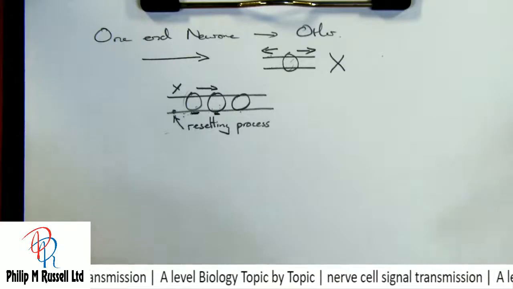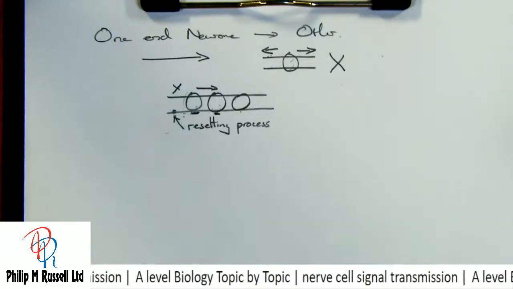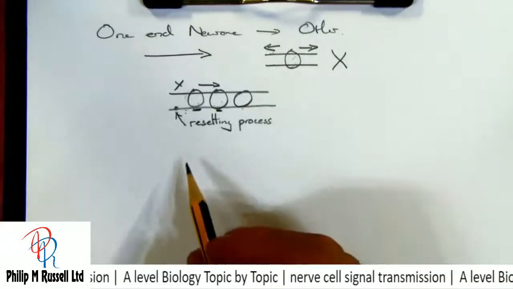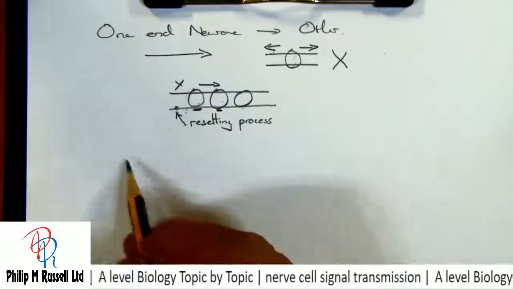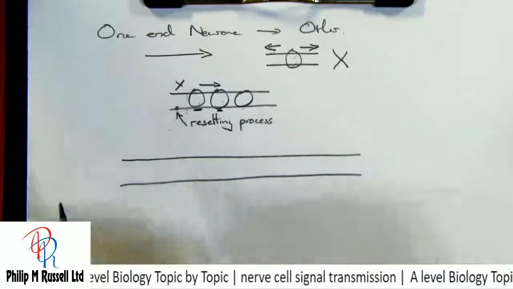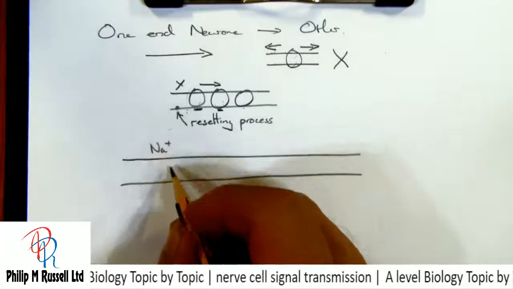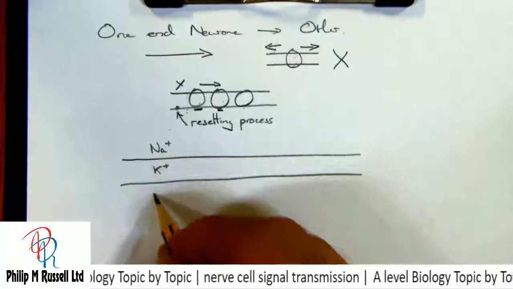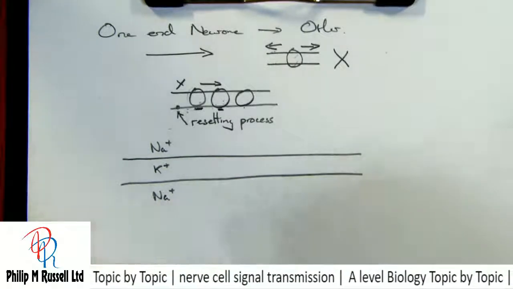So let's see if we can explain what's going on here. Let's look at this membrane and think what's happening. I've got sodium ions on the outside, I've got potassium ions on the inside.